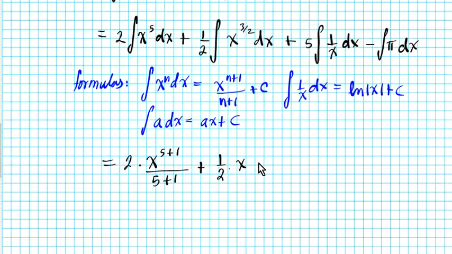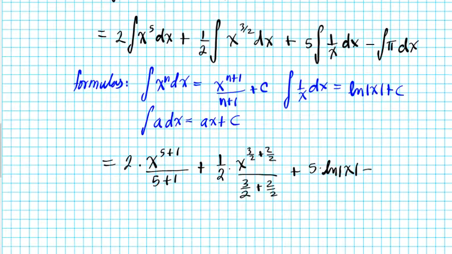The power is 3/2, so we have 3/2 plus 1, which I can write as 2/2 to save time, divided by the power plus 1, plus 5. The integral of 1/x is ln x, so we have 5 times the natural logarithm of the absolute value of x, minus the integral of pi.